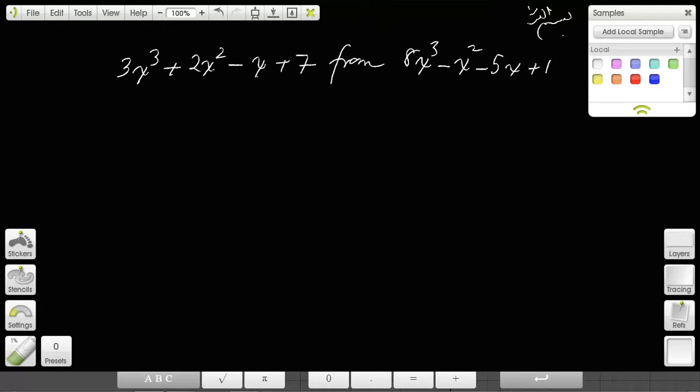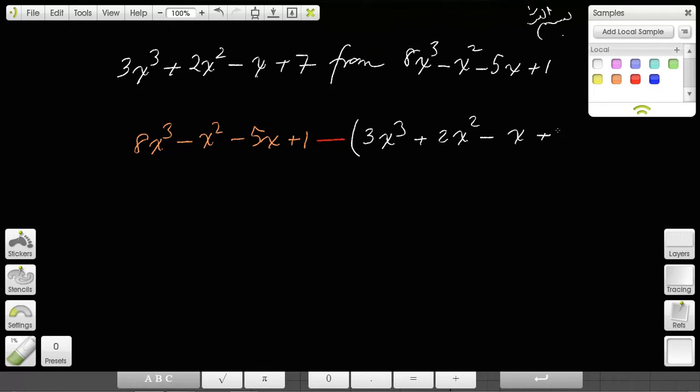You have to be careful here. The question is: 8x cubed minus x squared minus 5x plus 1, and we have to subtract this from the whole thing over there. So we have to write 3x cubed plus 2x squared minus x plus 7 over here, like that.